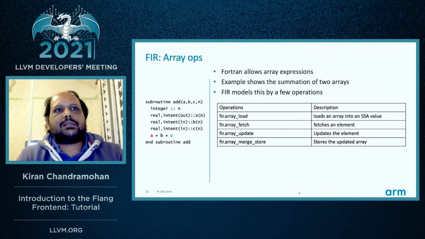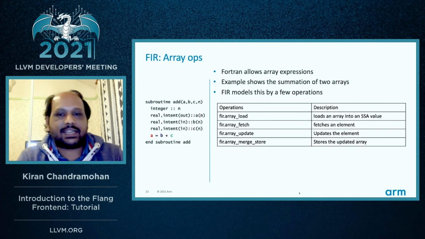Next we come to something called array operations in Fortran. Fortran allows array expressions. The example on the left-hand side shows the summation of two arrays: A is equal to B plus C, where A, B, and C are all arrays. This is captured in FIR by a few operations.